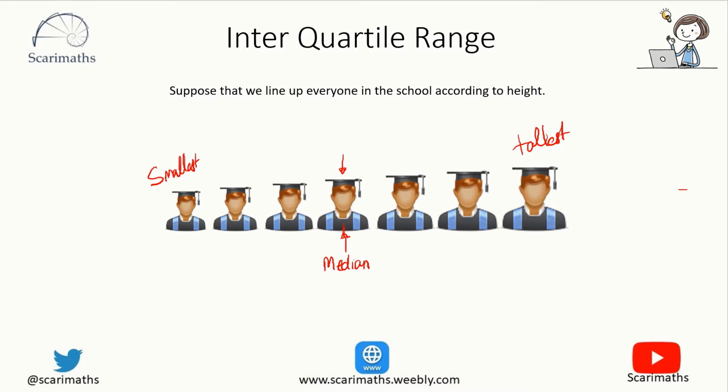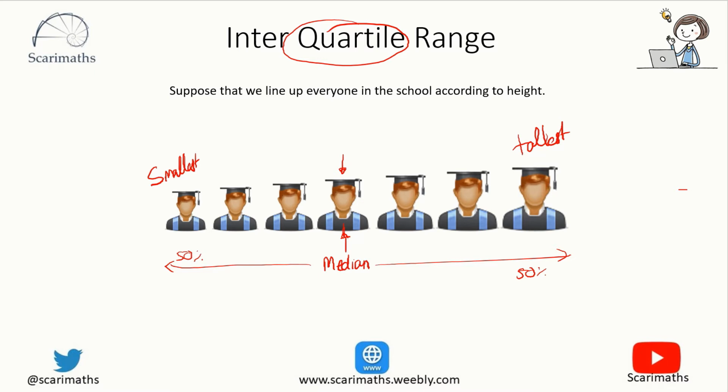Now that just tells me that if that's the middle person, there must be 50% higher than that and 50% lower than that. Well, that's great, that's the middle, but we are talking about quartiles, so we're not so interested in the middle.